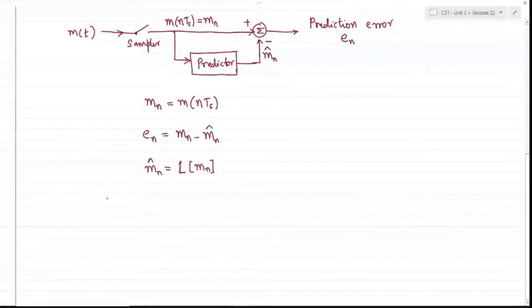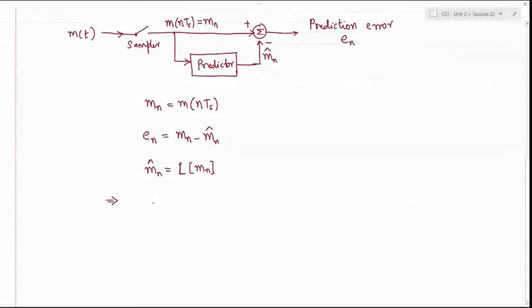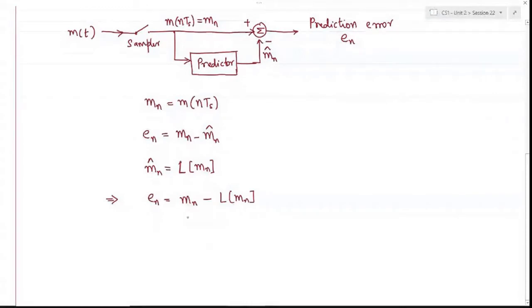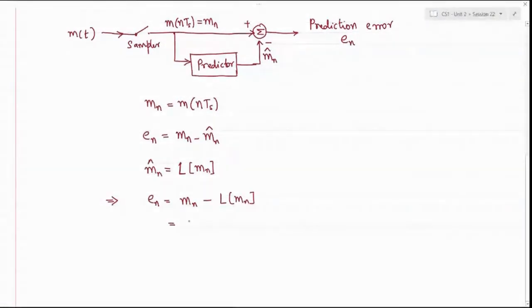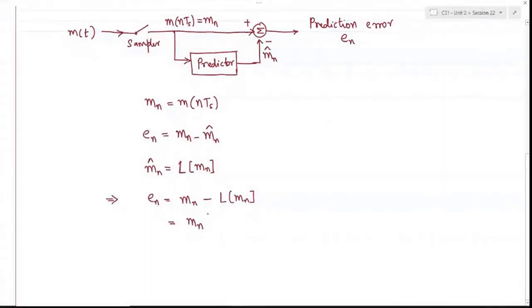Okay, so accordingly we can write this error en as simply the difference between mn and the linear operator mn. Okay, so that I can take this mn as common.